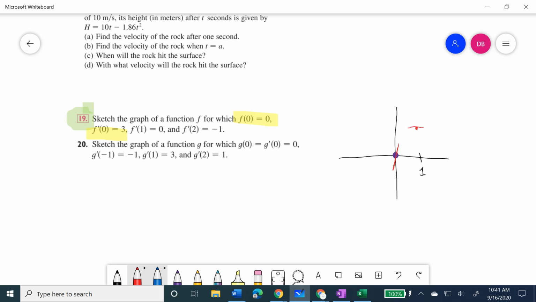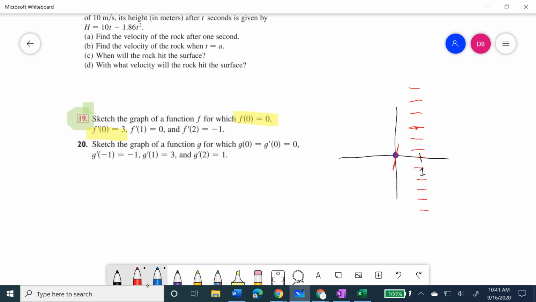So I'm going to draw a little flat tangent line, but realize that it could be anywhere. I'm drawing a bunch of horizontal lines, and I'm trying to draw them for every place that x is equal to 1. Wherever you decide the function is located at x equals 1, you have a flat tangent line.